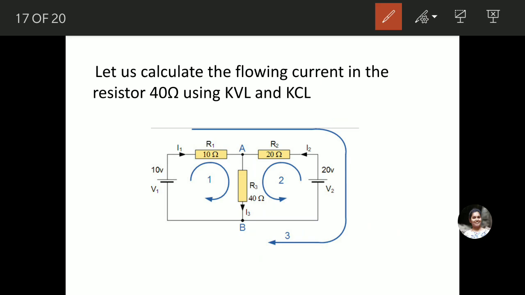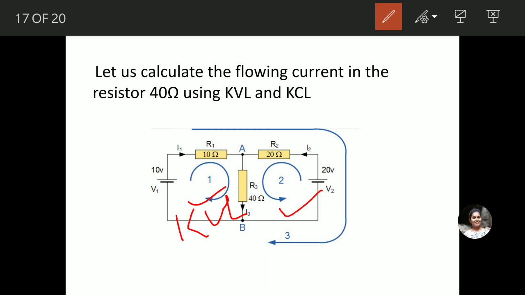And when we apply KVL to loop 1, what I can write is that 10 volts is equal to I1 R1, the voltage drop in the resistor R1, plus I3 R3, which is equal to 10 I1 plus 40 I3. The same KVL can be applied to loop 2.